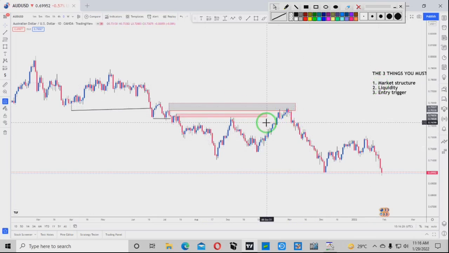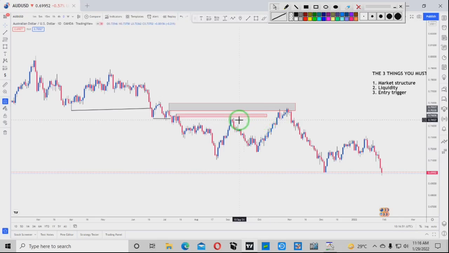Now, what you want to see is liquidity engineered before your point of interest. If you don't find liquidity engineered before your POI, that POI might likely not work out. Do you understand that, guys?